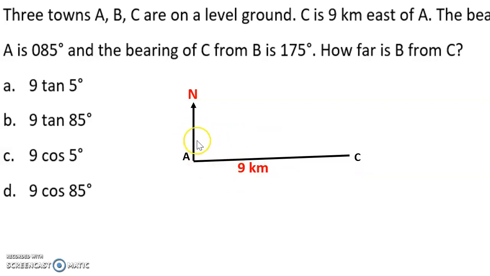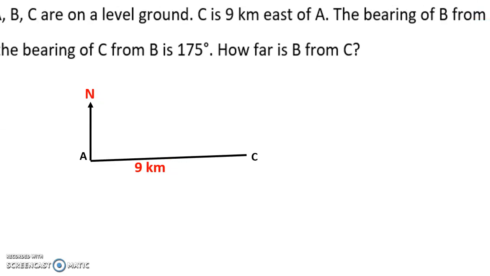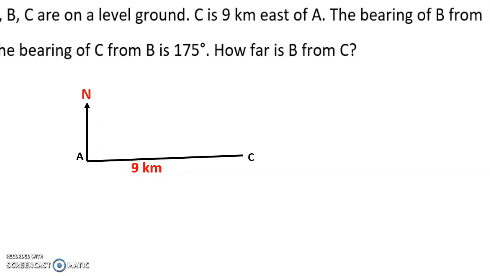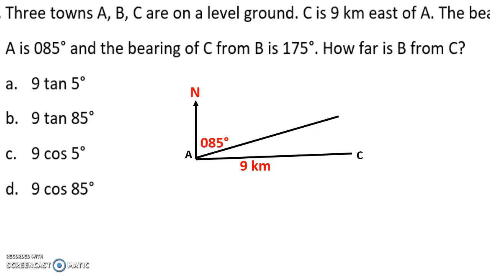Sorry you're not able to see the question in full based on the screen capture software. So 85 degrees would be here at A. So let's put that in. So that's 85 degrees.